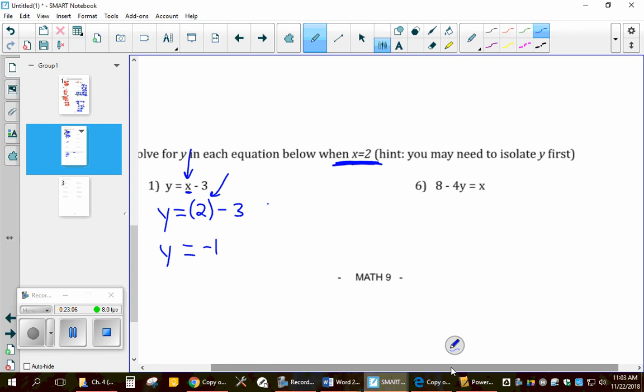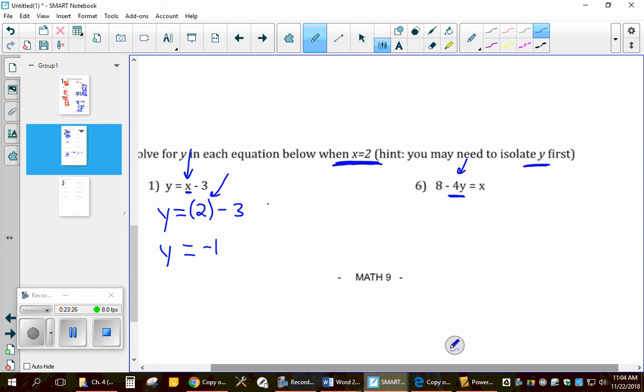But this one says I need to figure out y, right? Well, the way I'm going to do that is I'm going to get y on its own first, and then I'm going to put 2 in for x. So I need y on its own. There's 2 ways to do it.